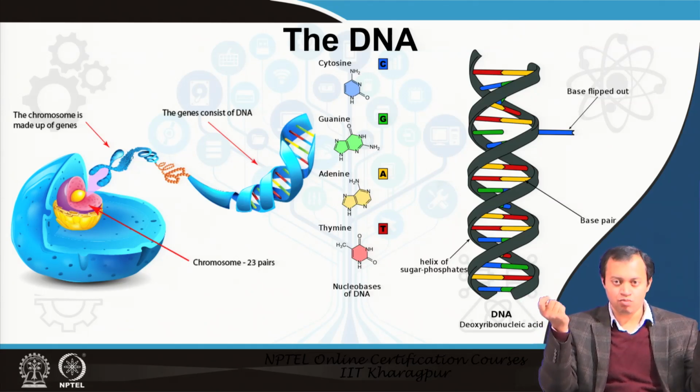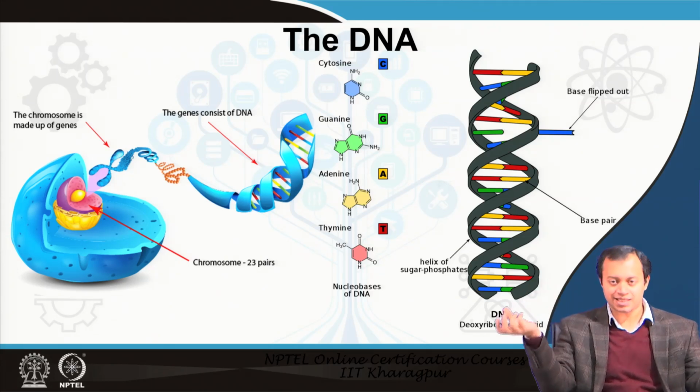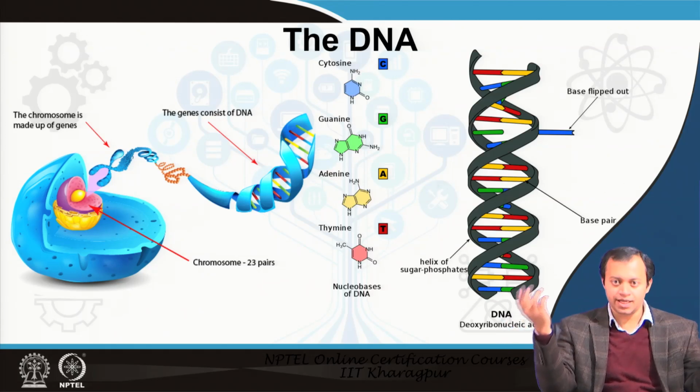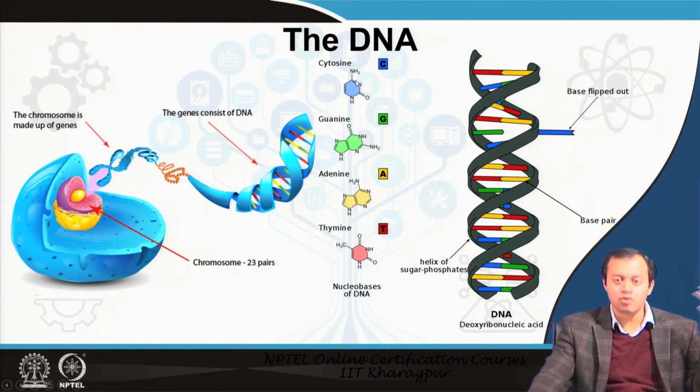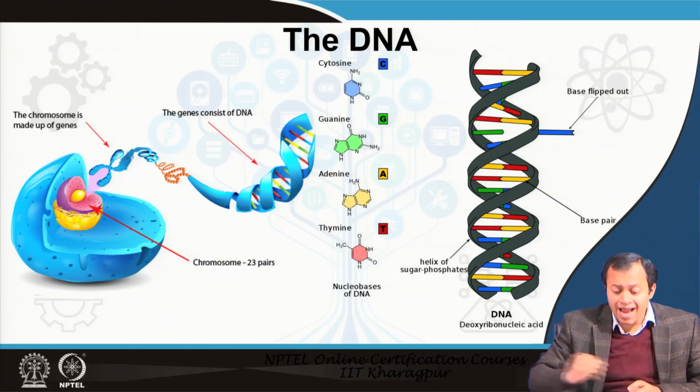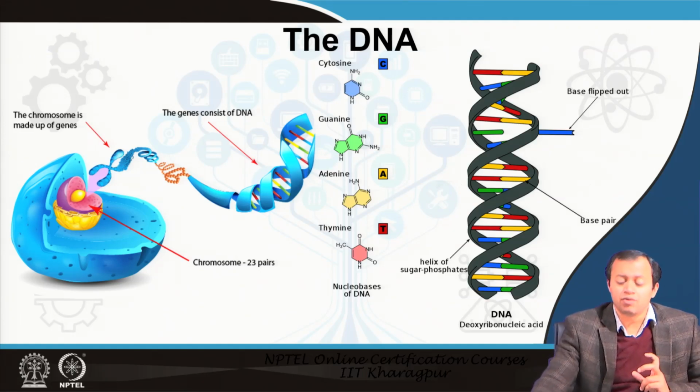A large number of these nucleotides combine to form a nucleic acid. DNA is a type of nucleic acid that contains these bases, cytosine, guanine, adenine and thymine. They structurally combine with carbohydrate, and finally, they combine with phosphate.